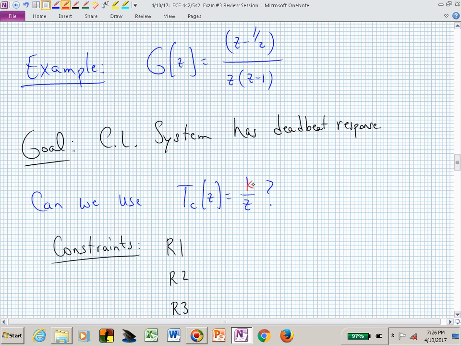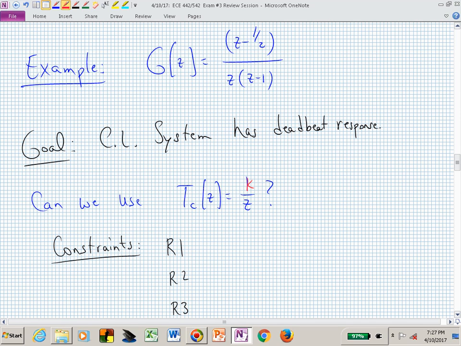Maybe we want to say K over z. Maybe we want to say, oh, let's at least give us one parameter. Is this closed loop transfer function deadbeat? Yes, it has a pole at the origin.